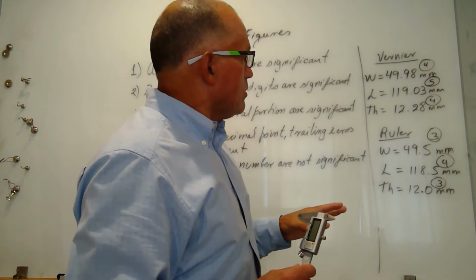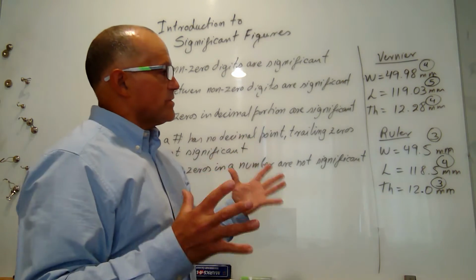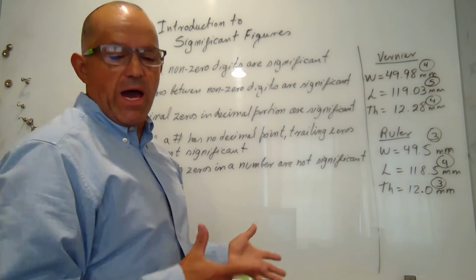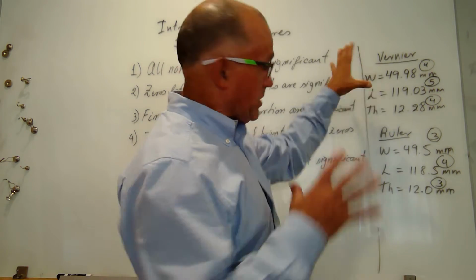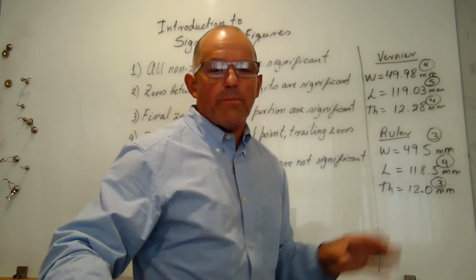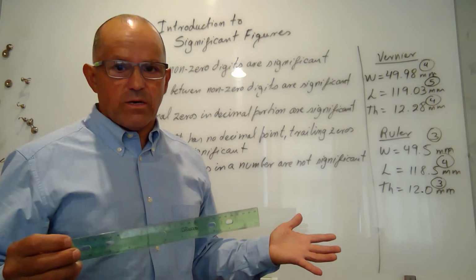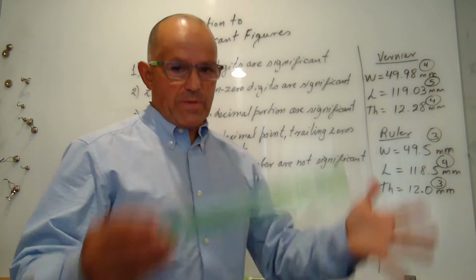Depending on the application where these measurements are going to be applied, we can choose these measurements. We need to be more precise, or if the precision of the measurement with the ruler is good enough, we will use that. So that all depends on the application.